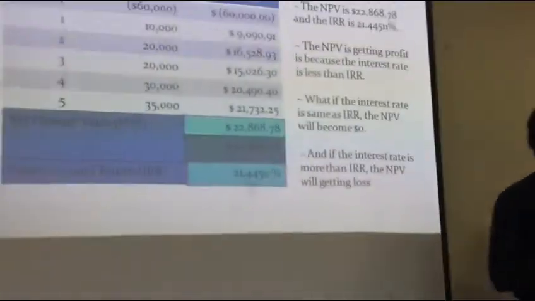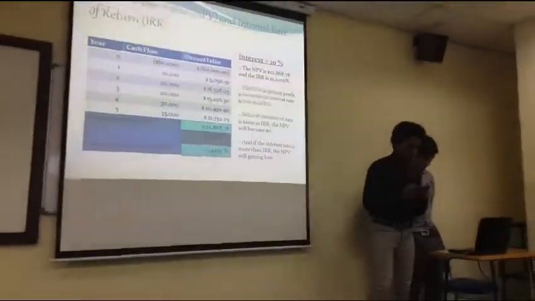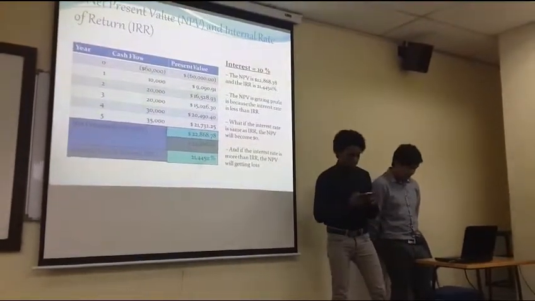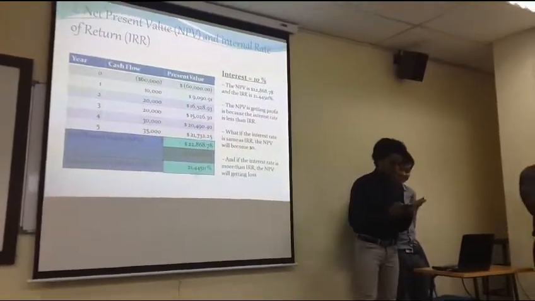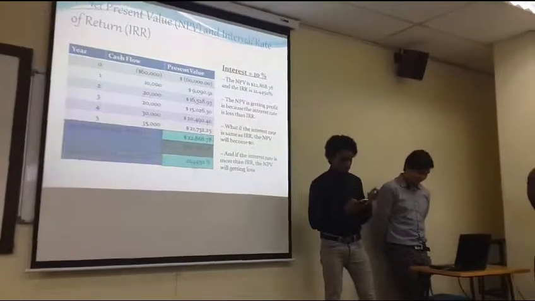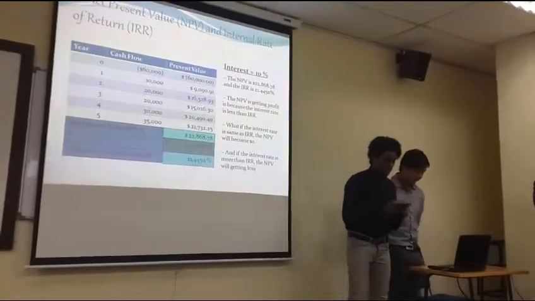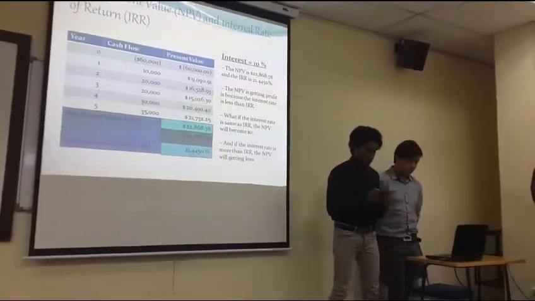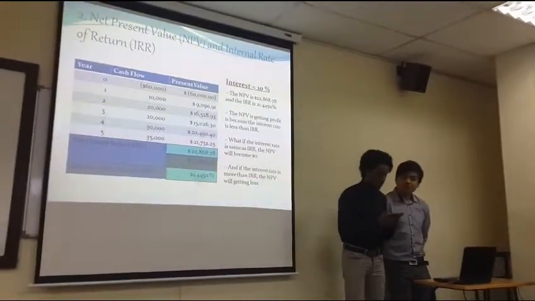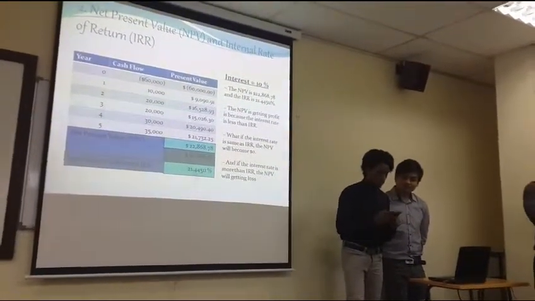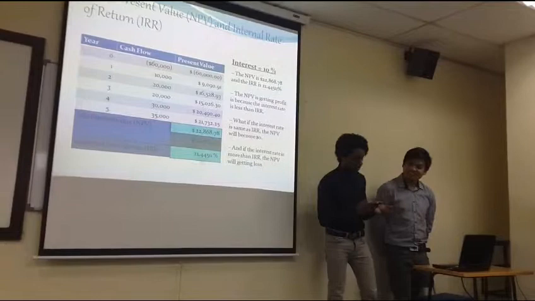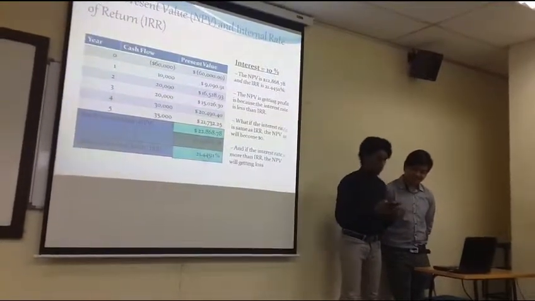And IRR is 21%. If the interest rate is less than IRR, the NPV is getting profit. If the interest rate is more than IRR, the NPV is getting a loss.